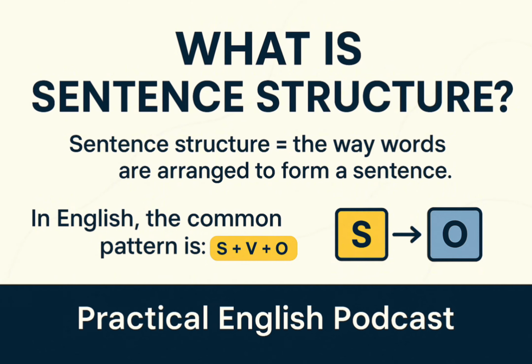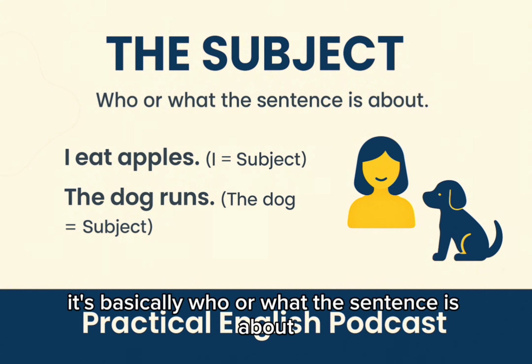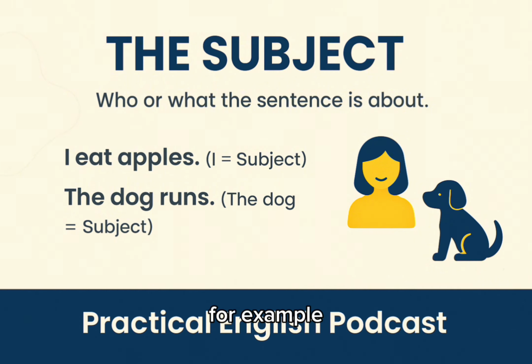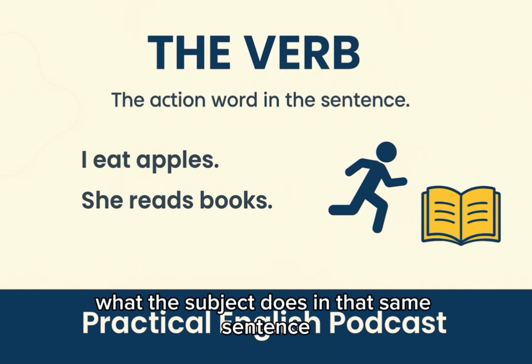Sure. So, the subject of a sentence is the person or thing that does the action. It's basically who or what the sentence is about. For example, Anna teaches English. Here, Anna is the subject. Perfect. Now, the verb is the action, what the subject does.